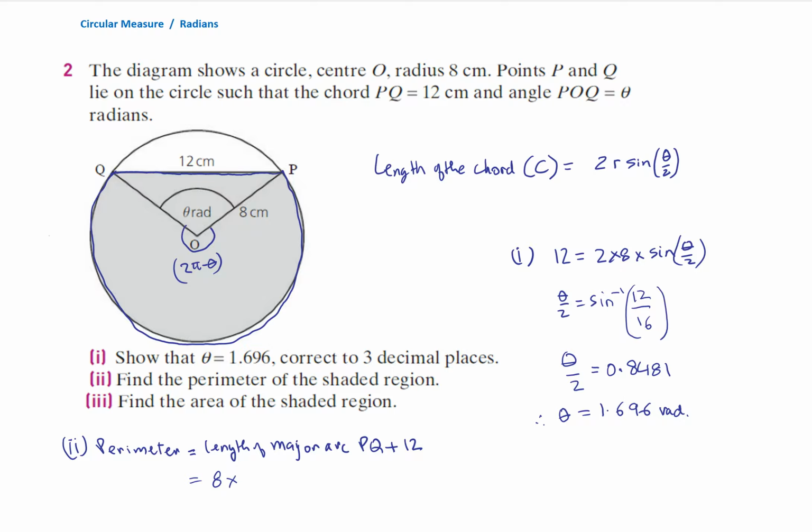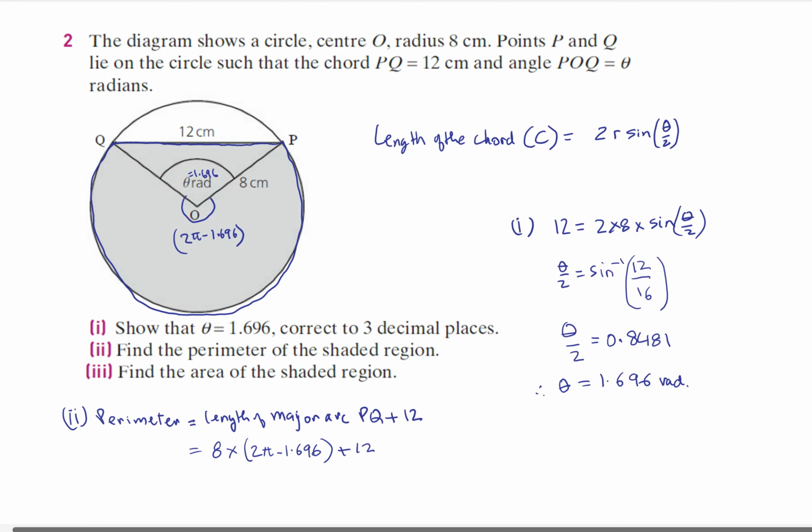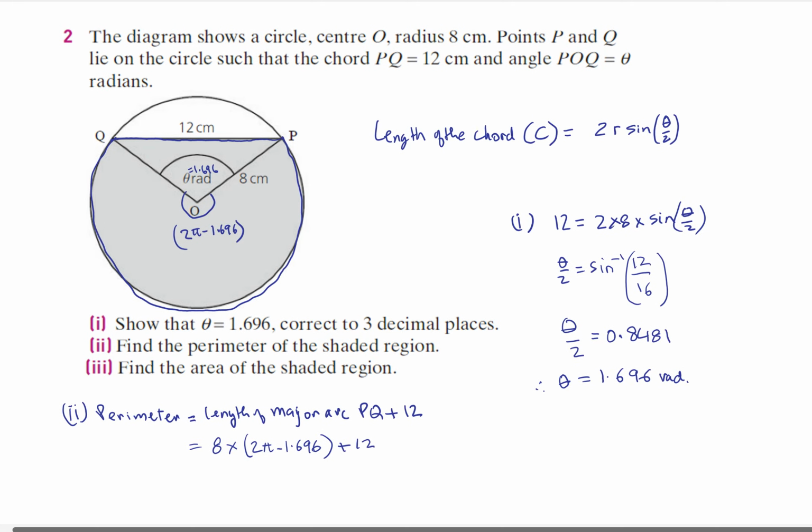We know what theta is, 1.696, because theta is equal to 1.696 radians. So it would be 8 times the angle, 2 pi minus 1.696, and plus 12.